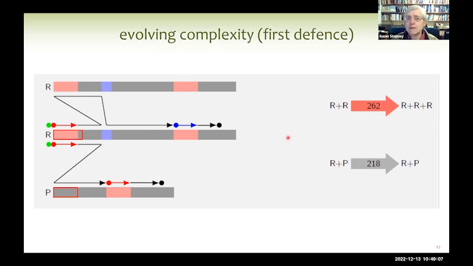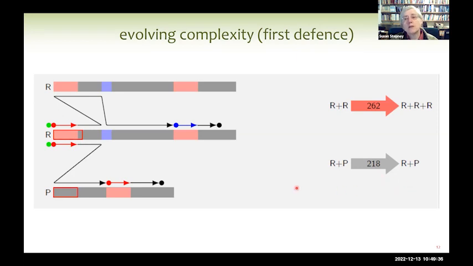But this is a defense against the parasite, because when the replicator binds to a parasite, it goes along and flips the pointer onto the parasite, but the parasite doesn't have this little blue code, so the pointer never gets flipped back, and no copying occurs, and you end up with what you started with once the execution is terminated, 218 time steps.